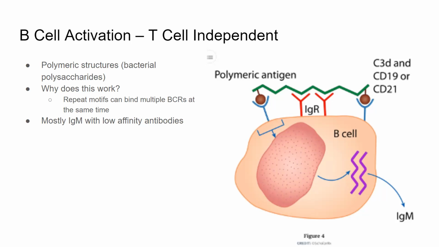And the other thing that's really important to remember is that since it's not binding to a T cell, there's not going to be any somatic hypermutation or class switching. So it's always going to be IgM, and the affinity is going to be pretty low because it's not trying to change the affinity of anything. It's just binding to whatever it can.